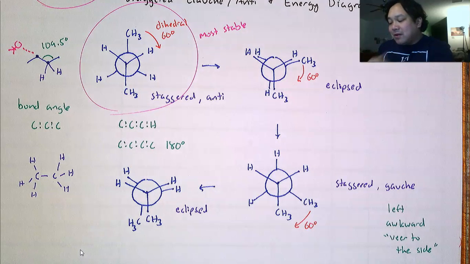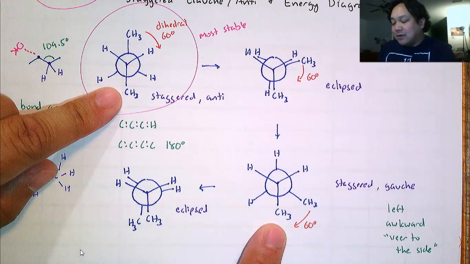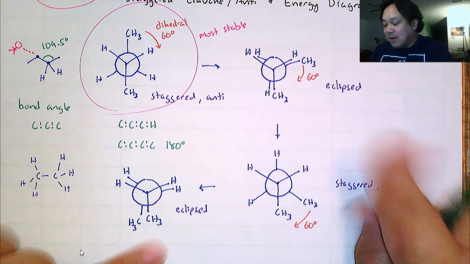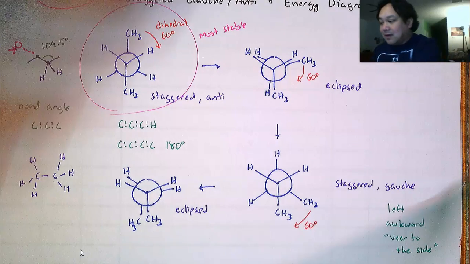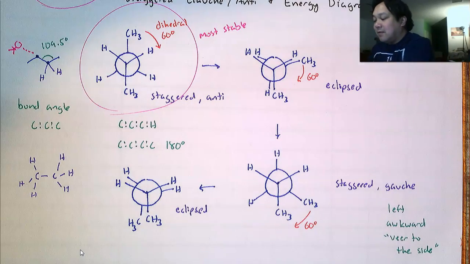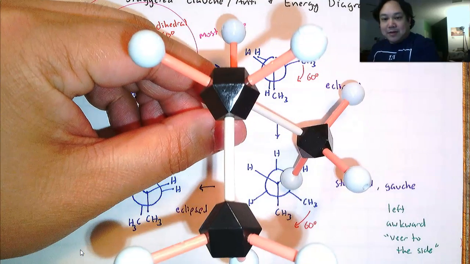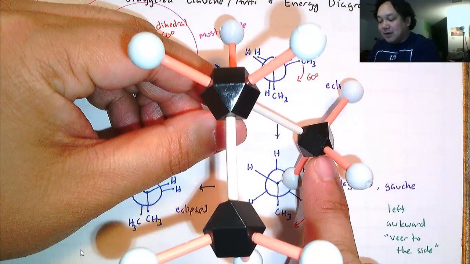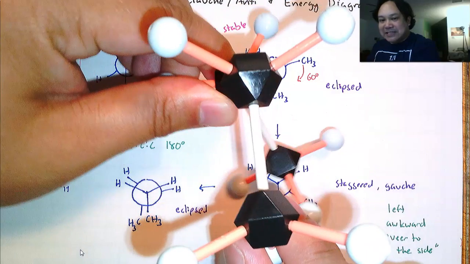Now, if there are two energy levels for the staggered conformations, what about the eclipse? Well, take a look at that eclipsed. Here, the model is staggered. If I move this carbon another 60 degrees to make it eclipsed, ouch.